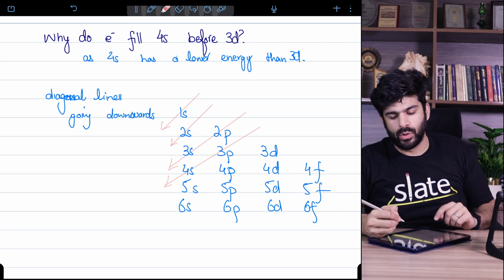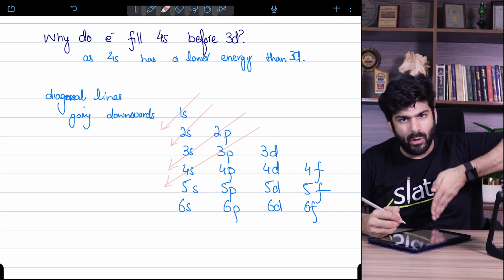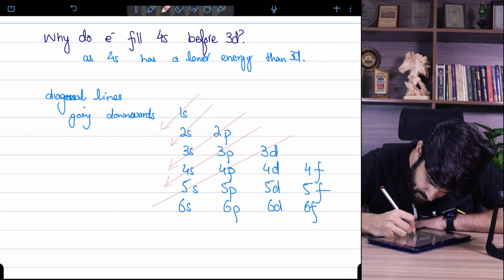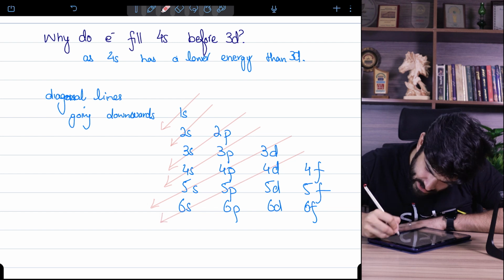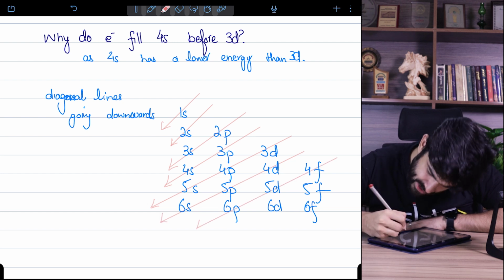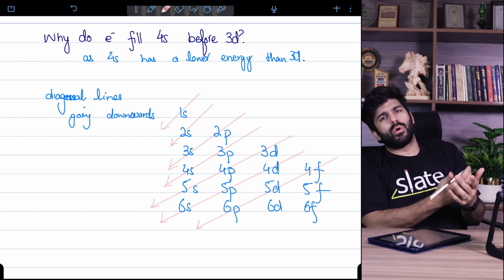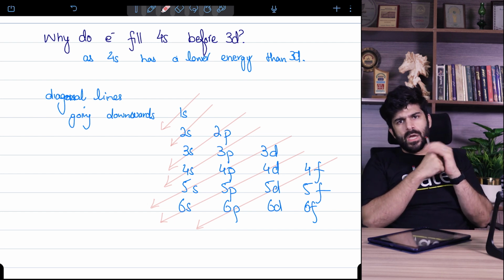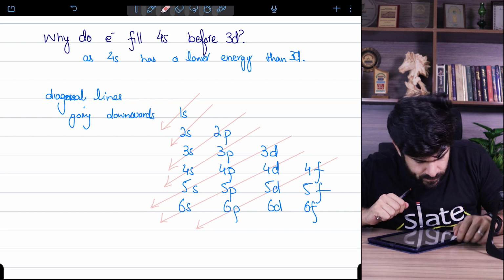That's what I was telling you. 3p, then 4s. This diagonal line tells us about the order. Then 3d, then 4p, then 5s. Then 4d, then 5p, then 6s. Then 4f, 5d, 6p, and then 7s. That's the order, but we would mostly never reach the 6th or 7th. We're done with the 3rd or 4th actually. So that is what we know about the electronic configuration and its order.